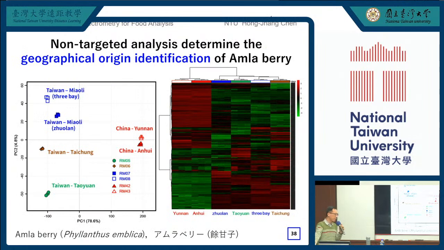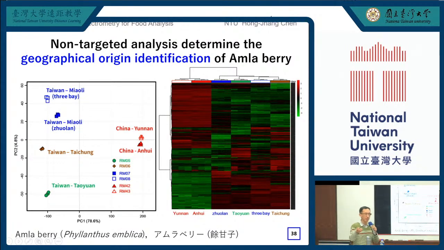Okay, not just focused on the Julius. I also do many experiments on other agricultural materials. In this case, we use non-target analysis to determine the geographical origin identification. It's very interesting, right?